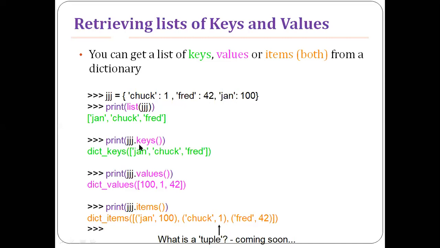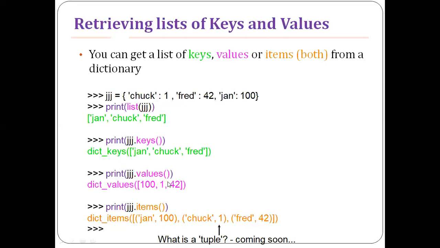It will display all the keys of a given dictionary. You have three keys: John, Chuck, as well as Fred, and these three keys will be displayed with the dictionary keyword called dictionary keys.